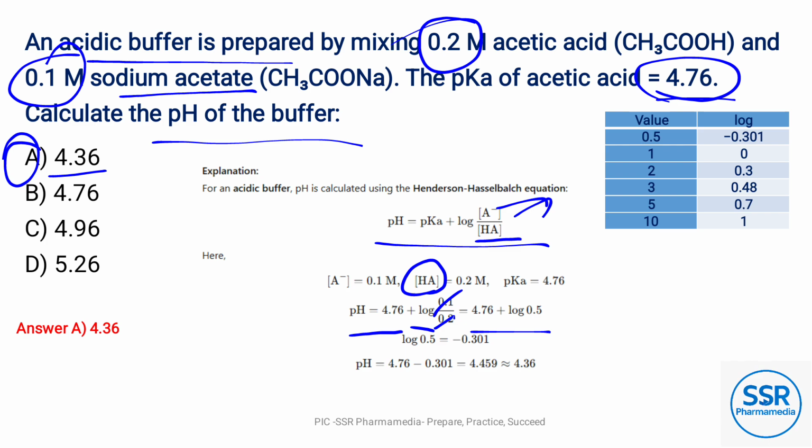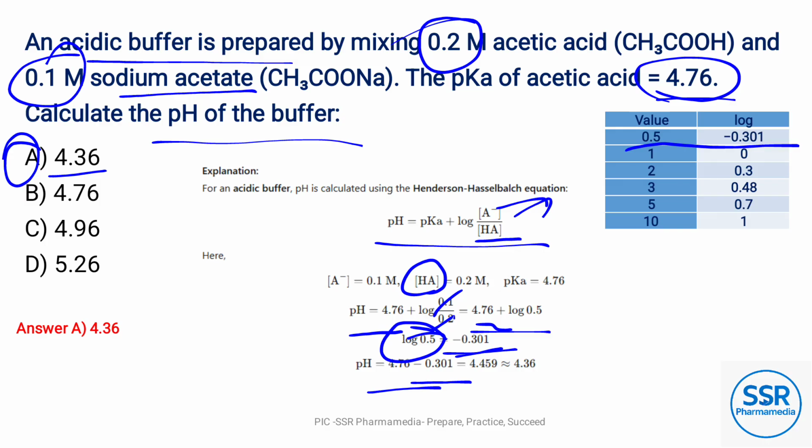The log of 0.5 is minus 0.301, which they have given in the table.